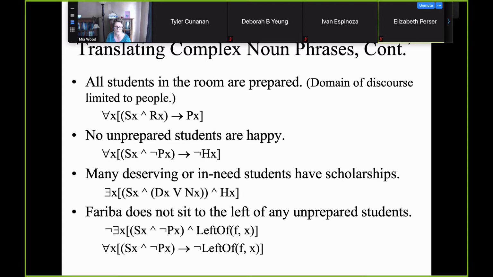Many deserving or in-need students have scholarships. And I typically just translate in the order that the thing is given to you. So I have, there is some X. The X is an S and either D or N and H. You could swap them, because you know that a series of conjunction statements can be swapped around.